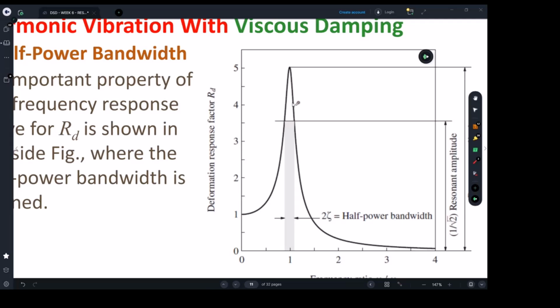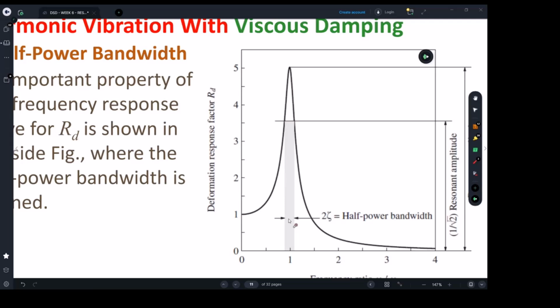So if you take a horizontal line which is 1/root 2 from the peak, which, as I said, is about 0.7 something, then you will define 2 points, the one on the left and the one on the right.